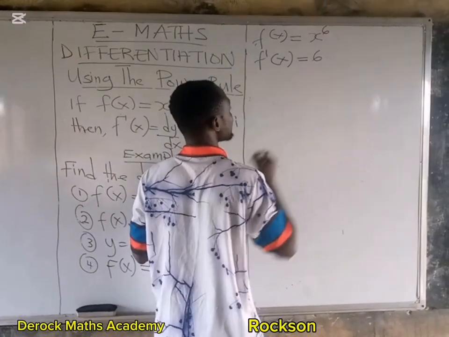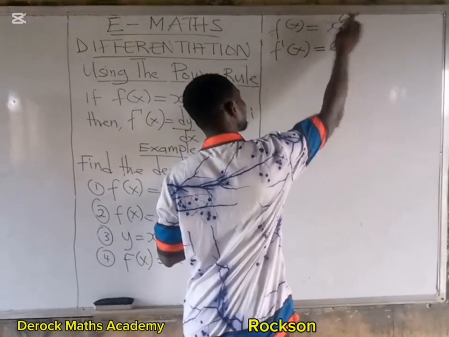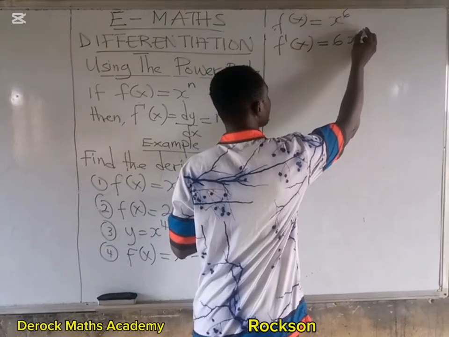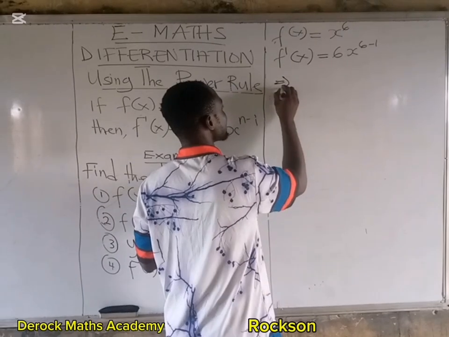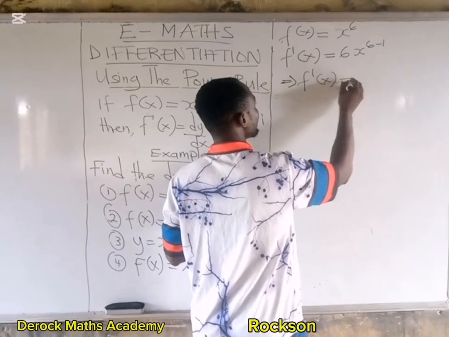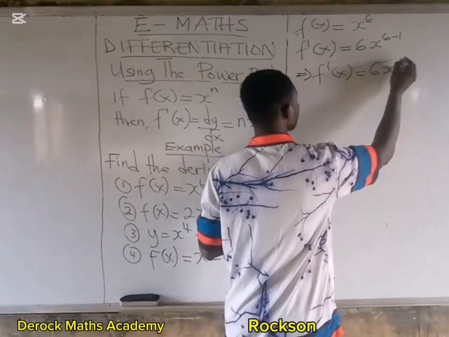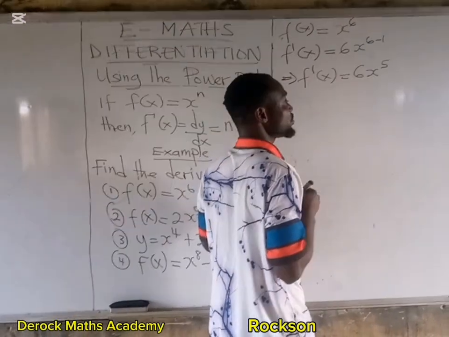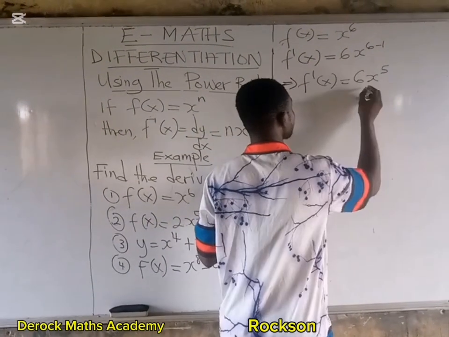So 6, then you bring the variable, then you subtract 1 from the exponent. So 6 minus 1. So this implies that our derivative of s becomes 6s to the power 5. Because when you deduct 1 from 6, you have 5. And this is the answer.